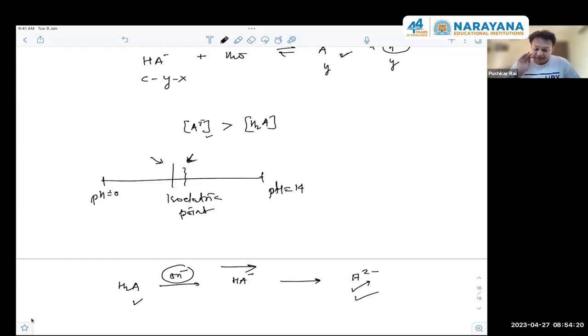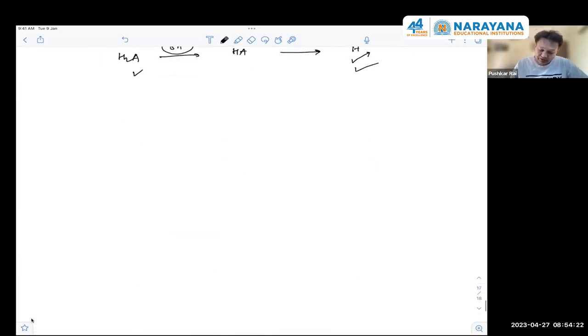So that means if amino acid is added in water, first concept is clear. Amino acid added in water, that's called the neutral point.